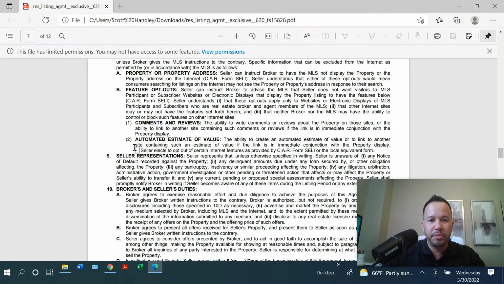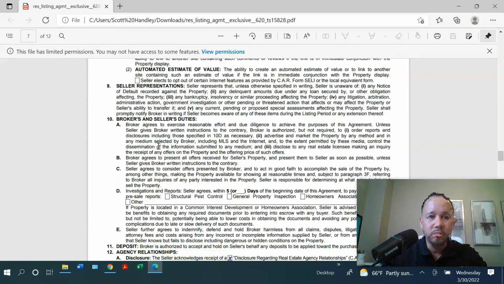Again, this would be an opt-out feature if certain internet features as provided by CAR or SELI or local equivalent form. Okay. Just again, a little bit of legal disclaimers here. Seller representation.